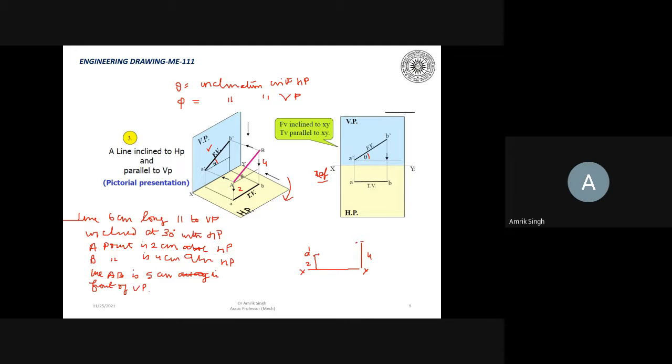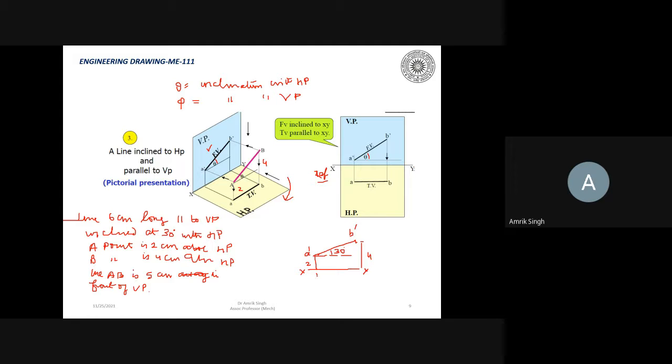Now you can join this, but suppose the location of the point is not given, the angle is given. So what you will do? You will draw this as 30 degree, right? And you can measure this AB length as 6 centimeter. You got the point? सबको समझ में आ गया?